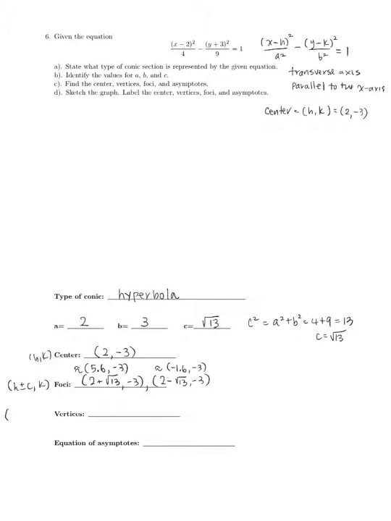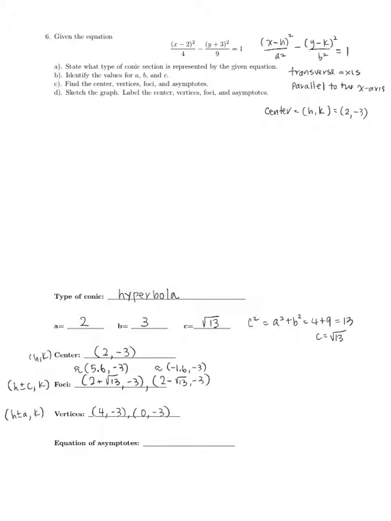Now let's go with the vertices. The vertices formula is given by (h plus or minus a, k). A was 2, h is 2. So our vertices are going to be (4, negative 3) and (0, negative 3). All right. Okay, equation of the asymptotes.